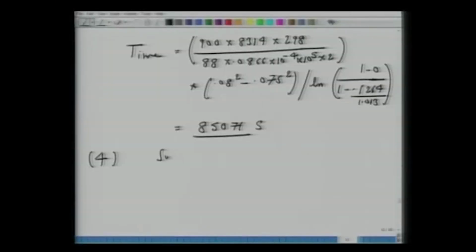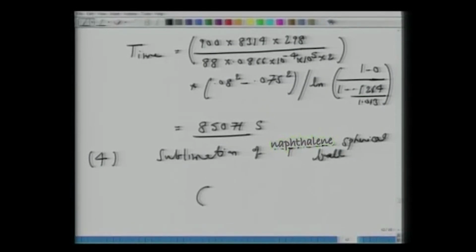It's the same principle, except now we are looking at spherical coordinates. So let's go to example 4, which is also very popular: sublimation of a naphthalene spherical ball.